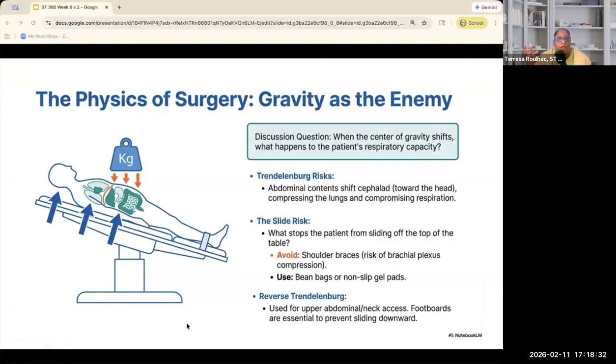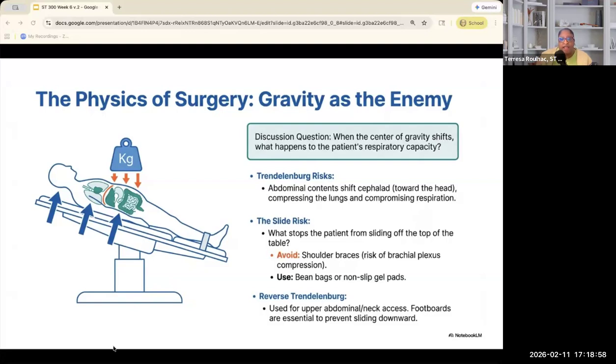For example, the lungs can be compressed, abdominal contents are being shifted, we have increased pressure on nerves and blood vessels, and it causes patients to slide if they're not properly secured. These effects could be gradual, but they're very real and they are preventable. Okay.